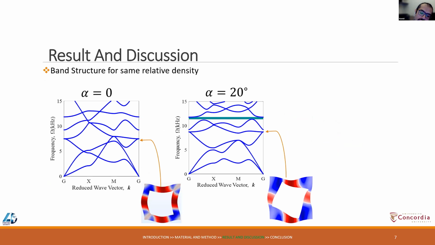And as you can see in our simulation, at the angle of alpha that I showed in the unit cell, when alpha is 0, we don't have any specific band gap between 0 and 15 kilohertz.